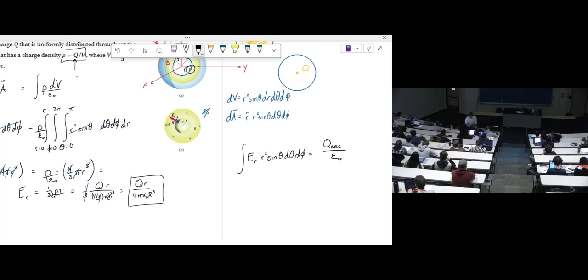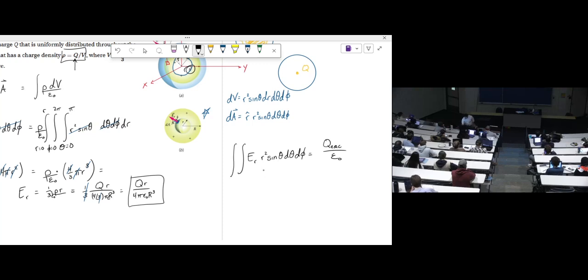But I'm given that charge Q, and when my integrating sphere is outside of the charge density, I've enclosed the entirety of Q, right? And I have my factor of epsilon naught there.